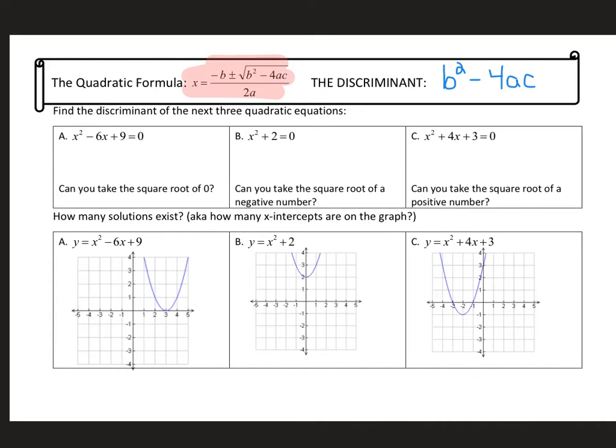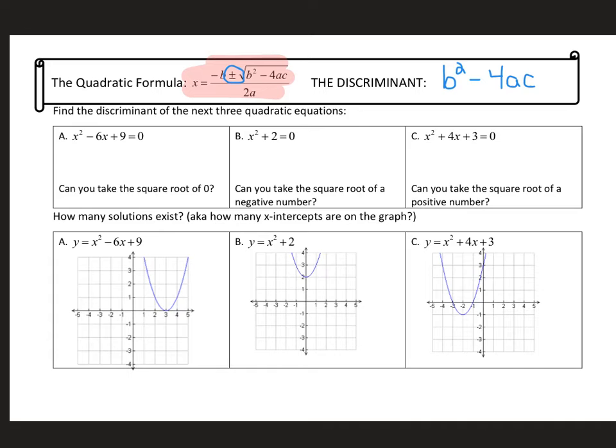If b squared minus 4ac comes out to 0, the square root of 0 has only one solution. It's 0. And you can see that little plus and minus in the formula. Well, if we take some number and add 0, and we take some number and subtract 0, it's going to be the exact same number.